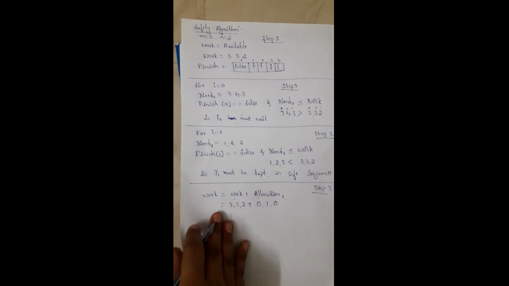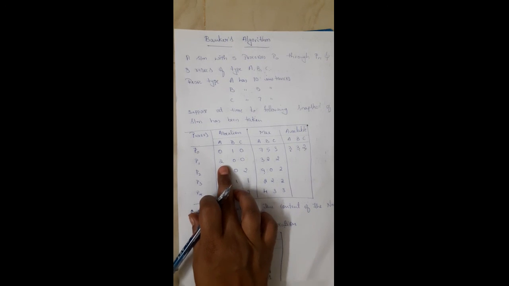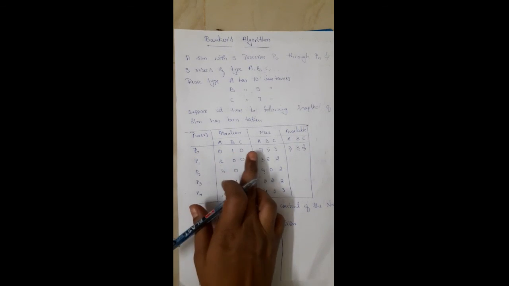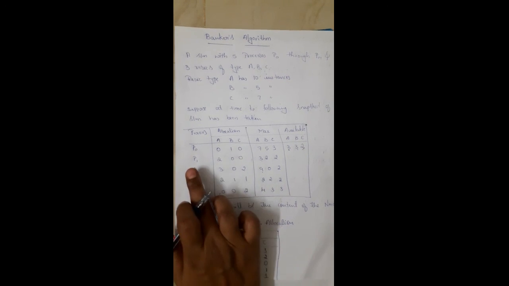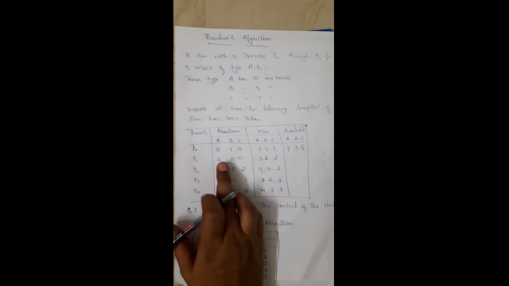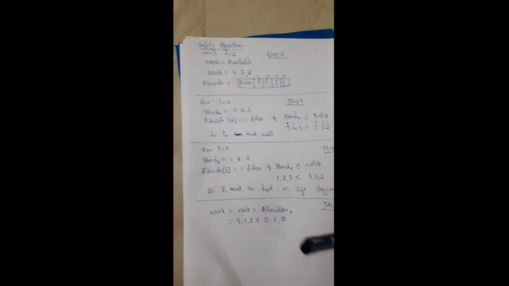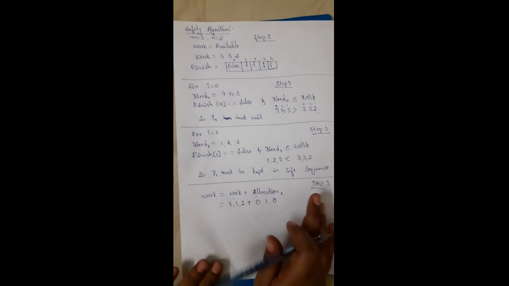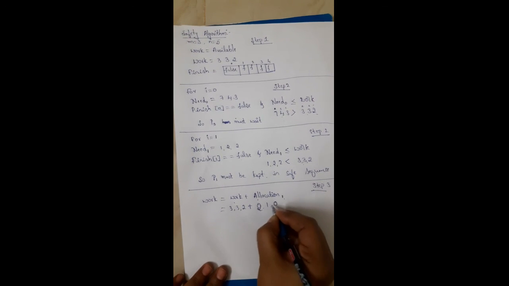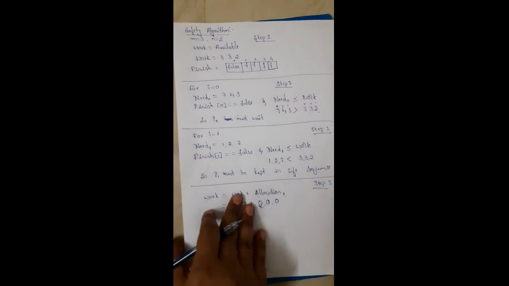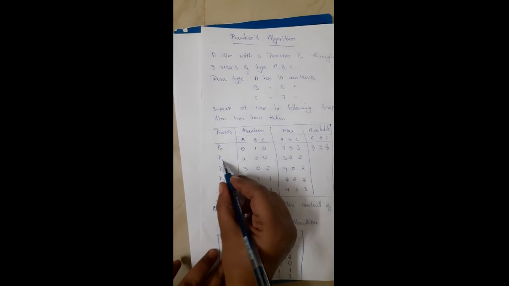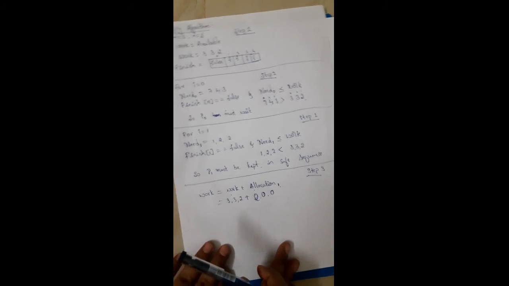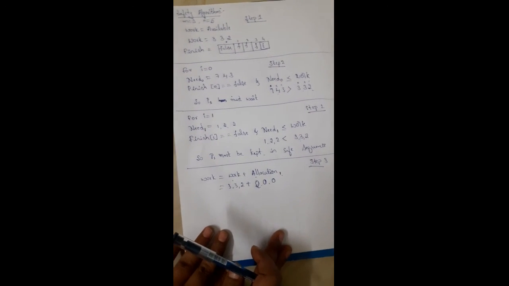Allocation of P1, right? It is 200. It's not 010. We have to see for P1. So 200. Sorry, I made a mistake. Here it should be 200. I'll repeat: allocation of the P1 process is 200. Fine.